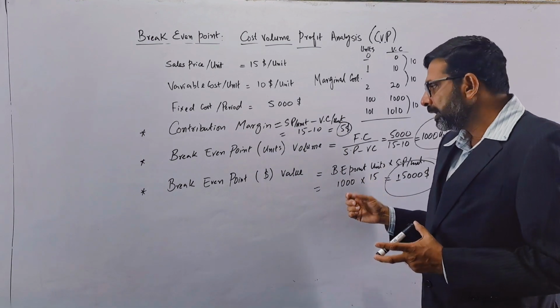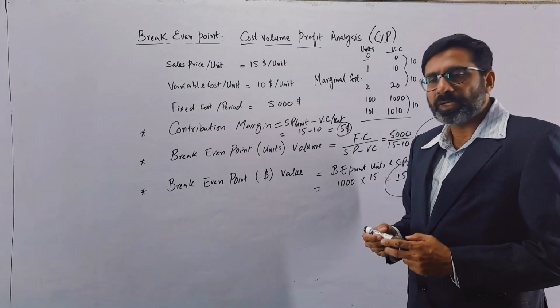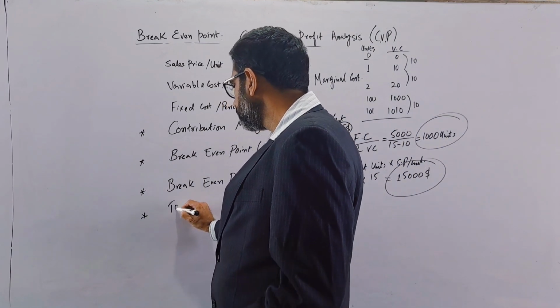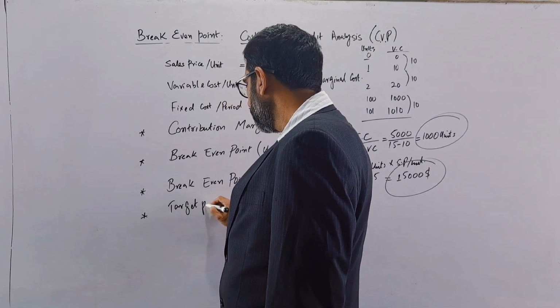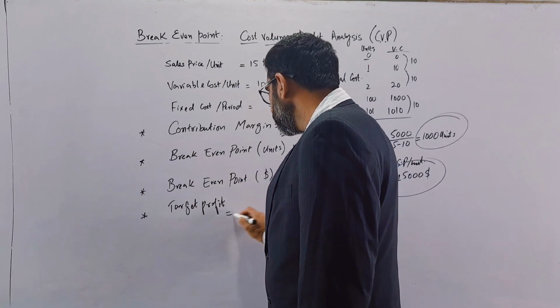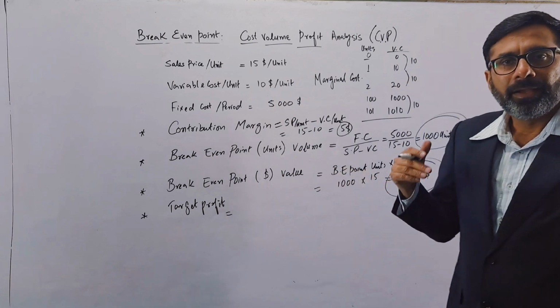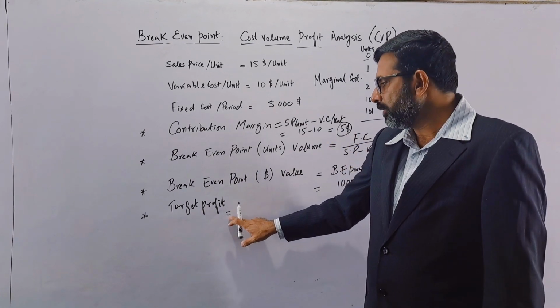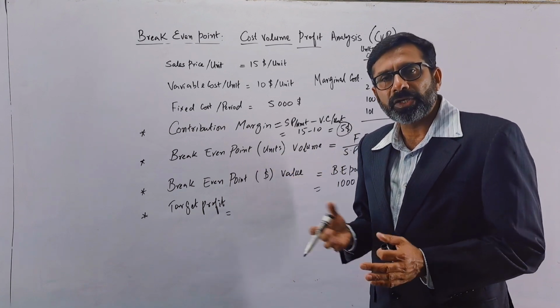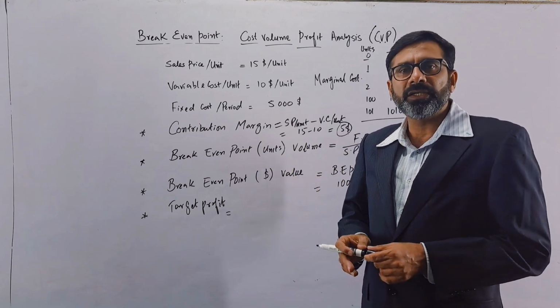Now here we have one more thing that is very important, the concept of the target profit. As a management accountant, maybe you're the owner of the business, or maybe you're a person related to production or any other person in charge of finance.